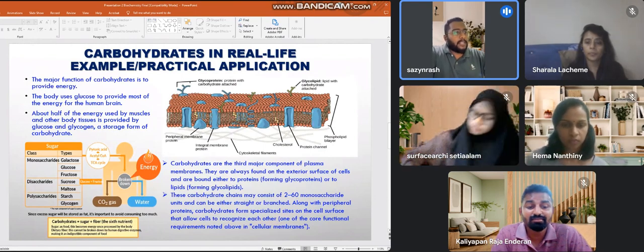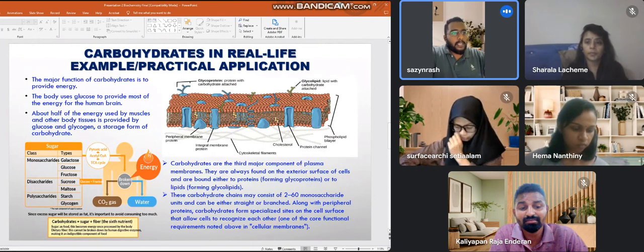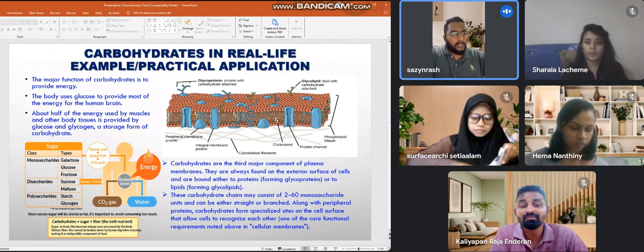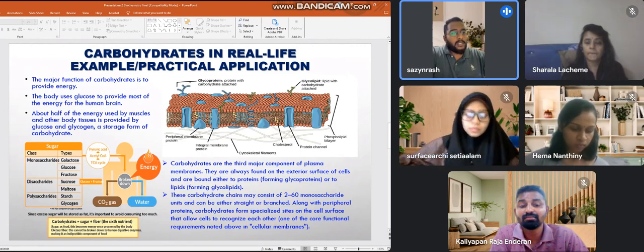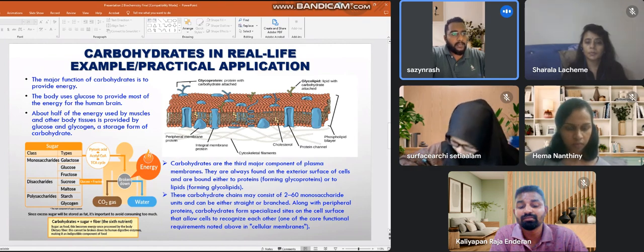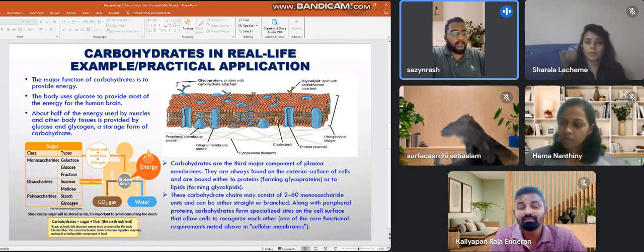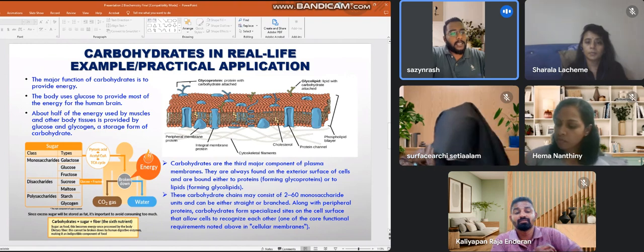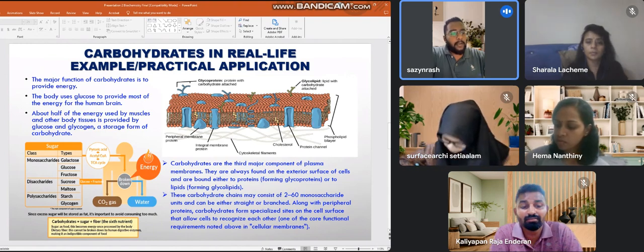Thank you, Kali. Okay, the next slide will be carbohydrates in real life, examples and practical applications. The first point is that the major function of carbohydrate is to provide energy to the body. The body uses glucose to provide most of the energy for brain functions. About half of the energy used by muscles and other body tissues is provided by glucose and glycogen, which is a storage form of carbohydrate.